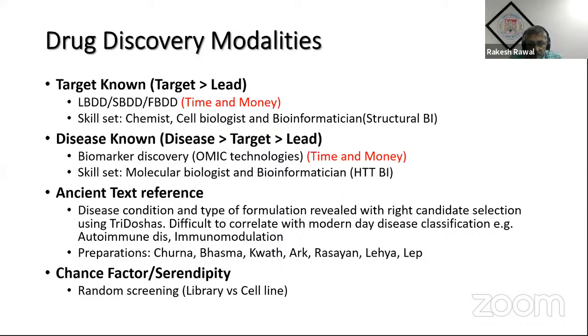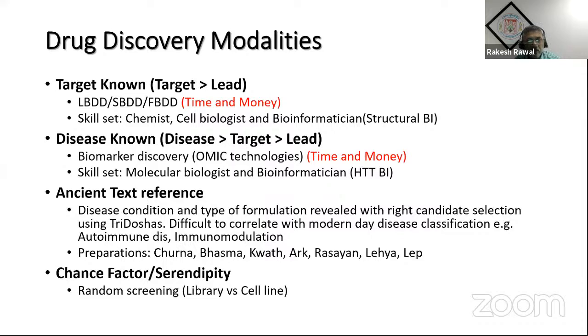Now, is it the whole virus, or the spike protein, or the enzyme hemagglutinase, or the RNA of the virus which is to be targeted? That depends on your approach. That means the first step is target identification, right?